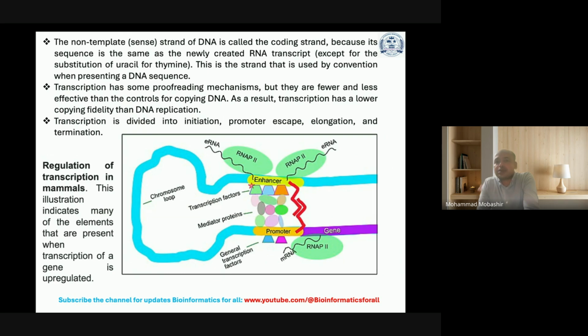As a result, transcription has a lower copying fidelity than DNA replication. Transcription is divided into initiation, promoter escape, elongation, and termination. So regulation of transcription in mammals can be seen in the picture here, and this illustration indicates many of the elements that are present when transcription of a gene is upregulated.